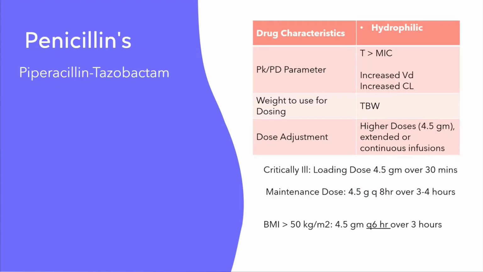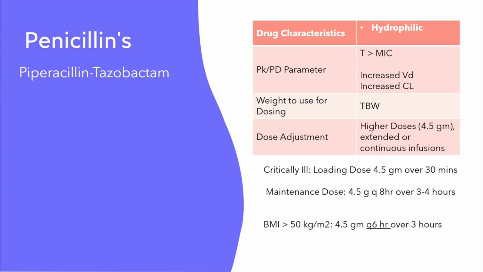So penicillin, specifically piperacillin-tazobactam. There is limited data on the effect of obesity on dosing requirements. What data we do have tends to come more from critically ill patients. We do know that obese patients tend to have lower unbound trough concentrations and increased drug clearance compared to patients who are not obese.